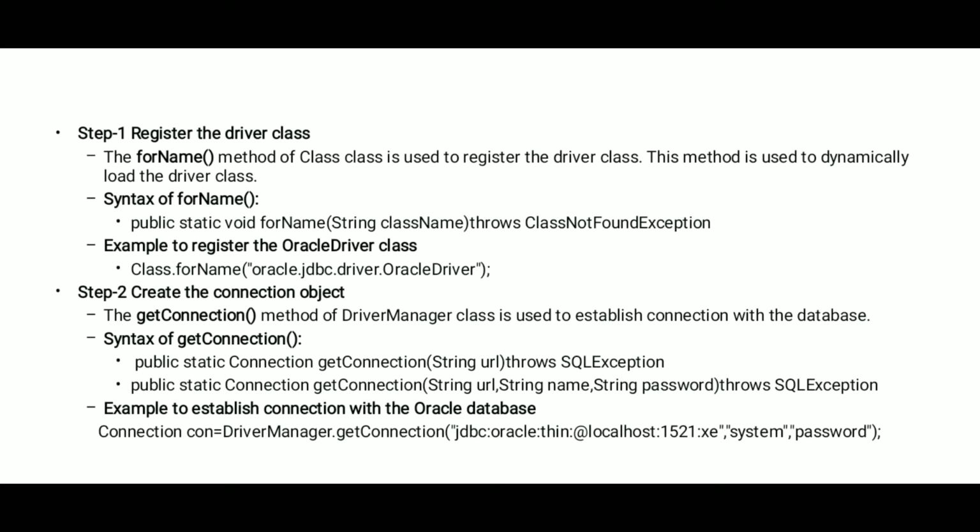So after getting that, which database you can interact with JDBC in the application, the second step is that after establishing the driver, you have to create a connection that is used to connect your application with the database. The getConnection method of the DriverManager class is used to establish the connection with the database.